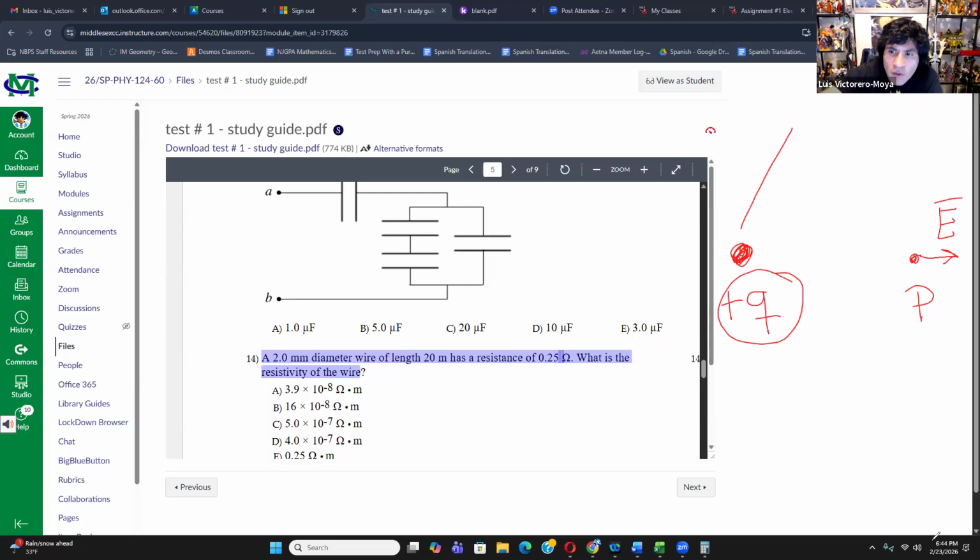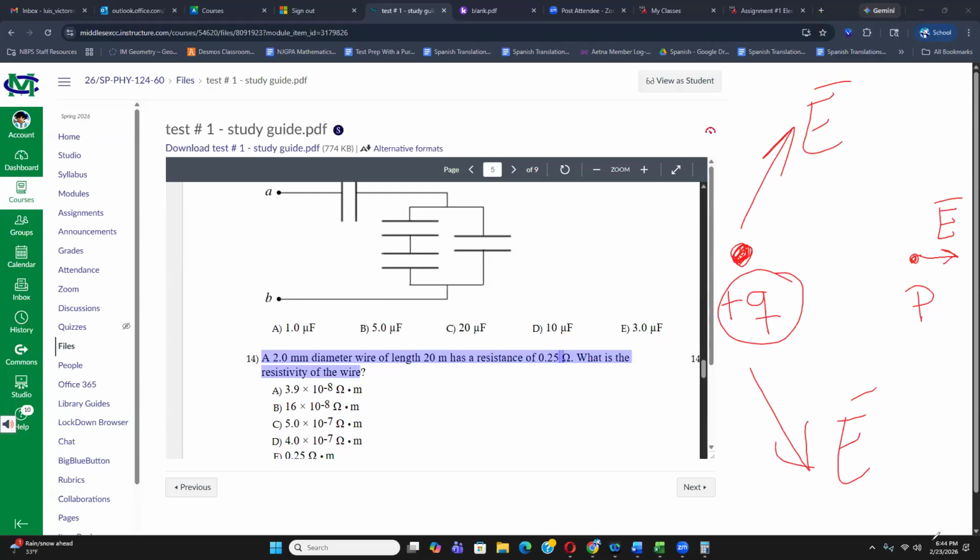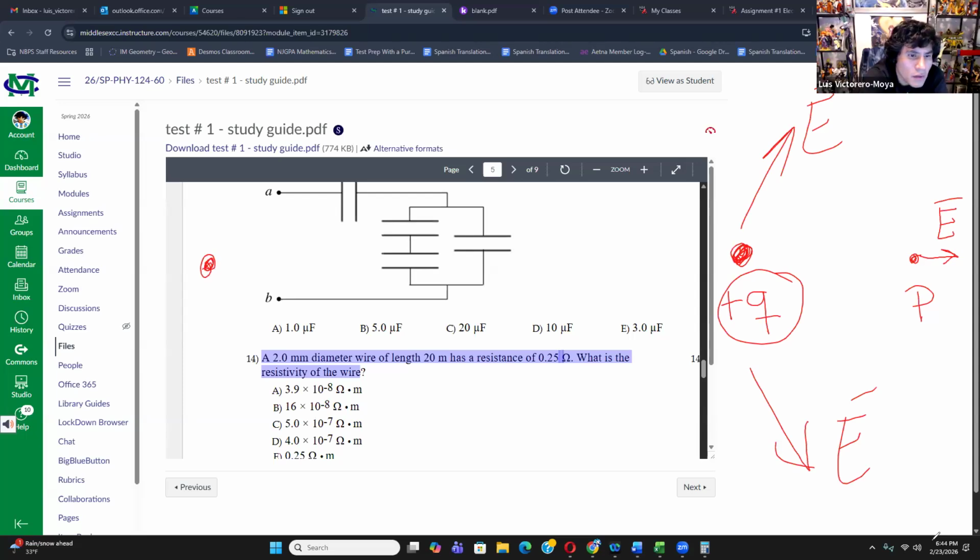The electric field lines are always going away. If you have a negative charge, the electric field at this point will be towards the charge.